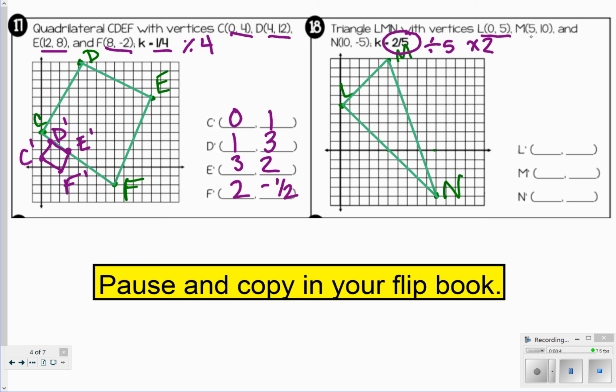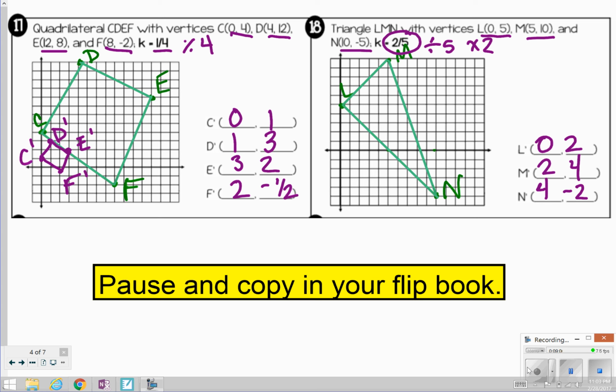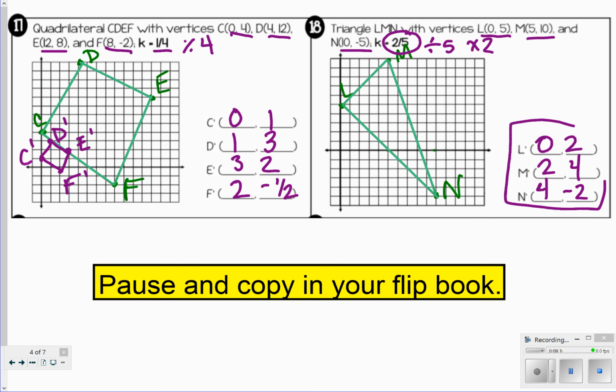So we have L here, M, and N. Go ahead and see if you can figure out what those answers are before I put them up for you. After we have done the scale factor of 2/5, you should get that these are going to be your new ordered pairs. So go ahead and put those in.